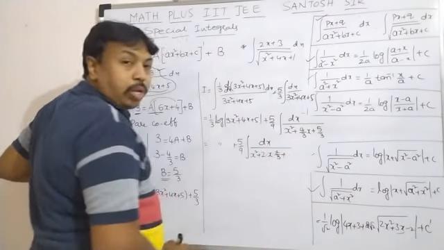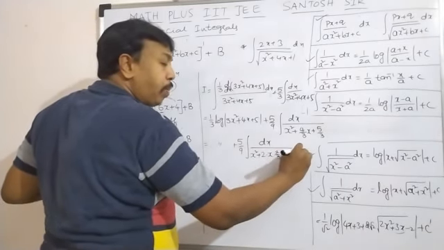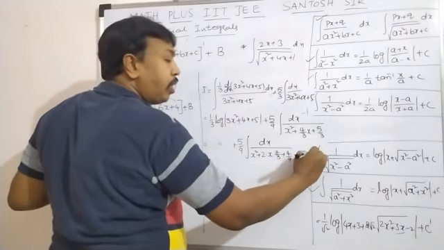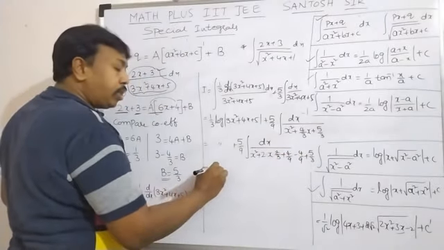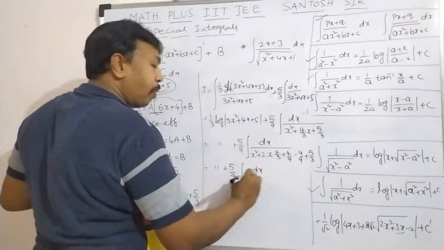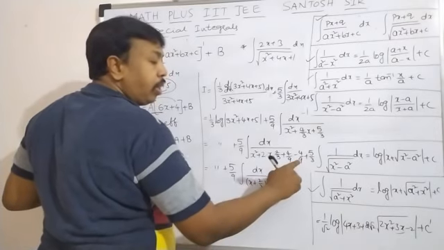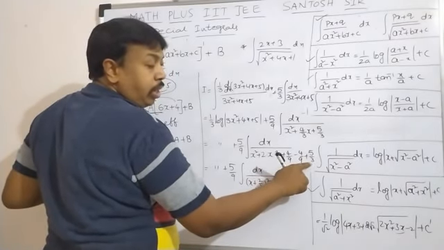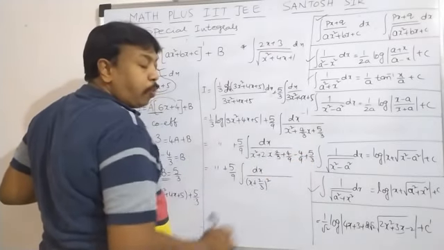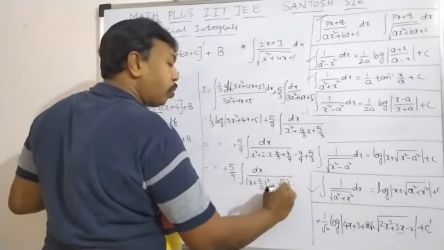Now plus b square should be there, so b square means 2 by 3 whole square, that is 4 by 9. Same minus 4 by 9, add and subtract 4 by 9, plus 5 by 3 was already there. So this term as it is plus 5 upon 9 into integral dx upon, this becomes (x plus 2 by 3) whole square. Now simplify this: to get denominator 9, multiply by 3, so 15 by 9 minus 4 by 9, that is 11 by 9, so plus (root 11 upon 3) whole square.